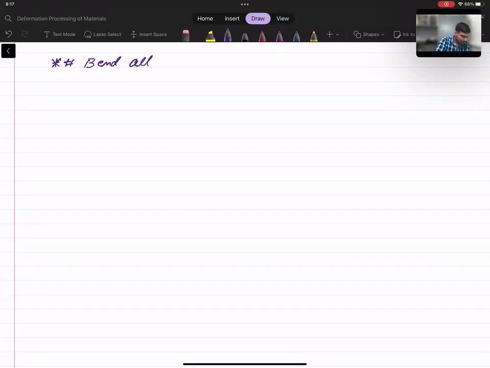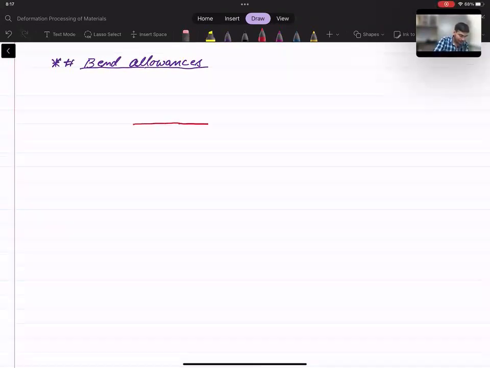For better visualization, let me draw a schematic first. Then we will see the relation for bend allowances. Suppose we have a sheet which is being bent. Say this is a sheet. Let me draw more clearly.